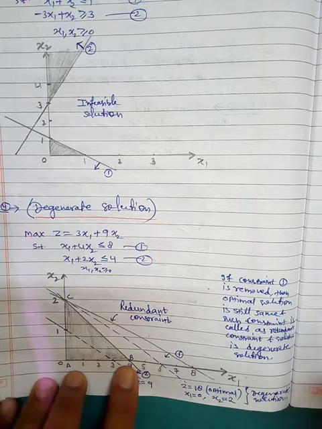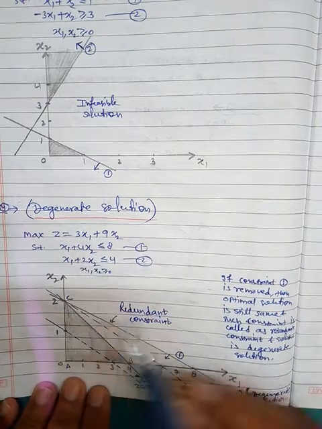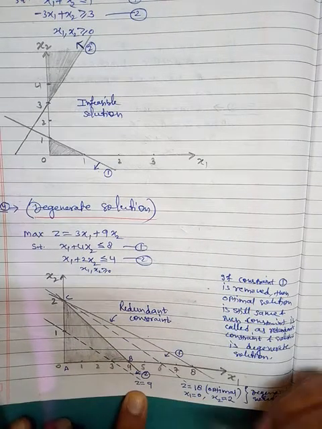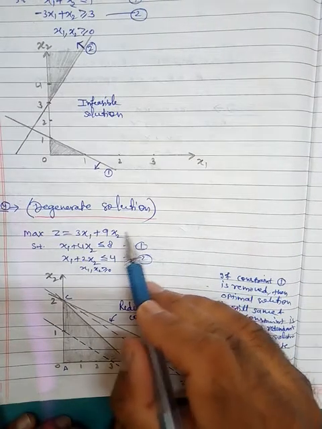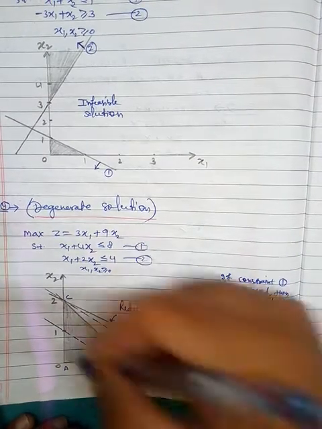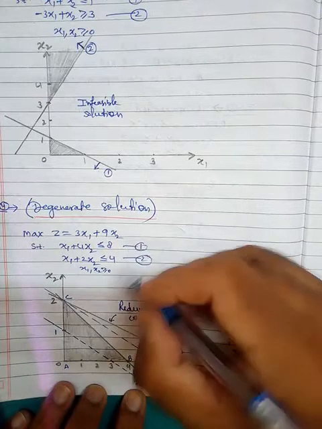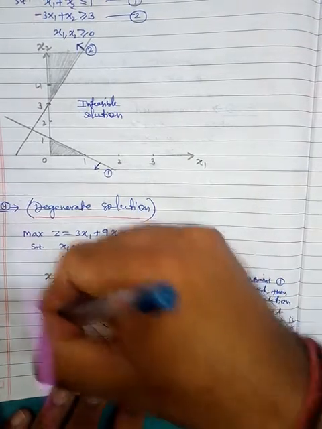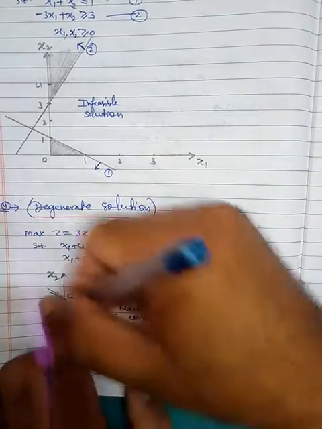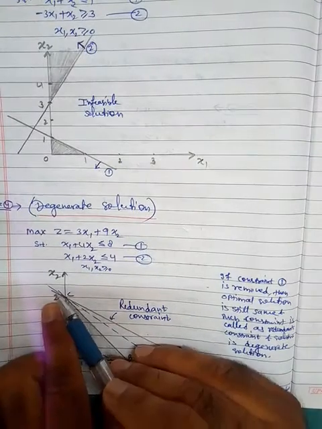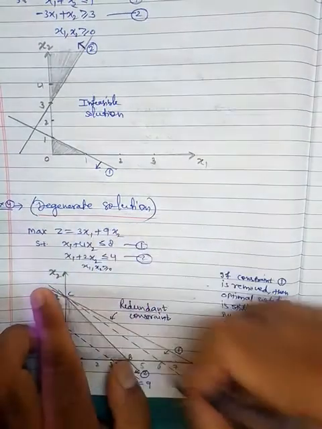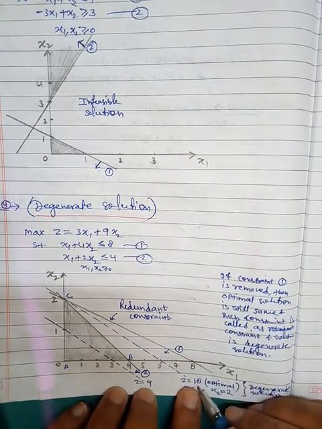Now when you draw the objective function, suppose you assign 9 here. When you assign this equal to 9, we get this line. Now draw the parallel lines, and you will see that as z increases, at this line z is 9, and at this line z is 18.